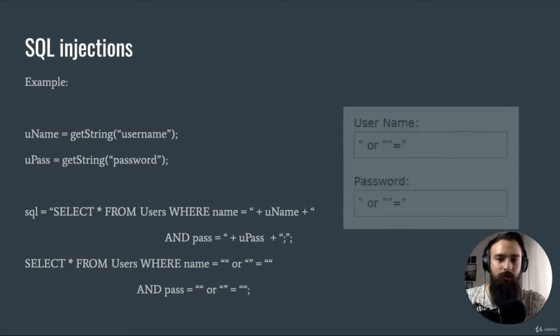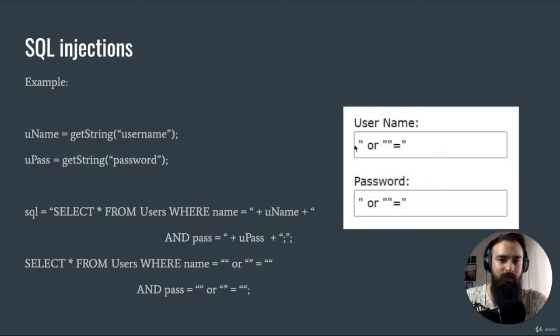And if the user will use this text for the username and this text for the password, then we will select from the users table where the name is empty or an empty string is equal to an empty string, and where the password is empty or an empty string is equal to an empty string. What will this select return?